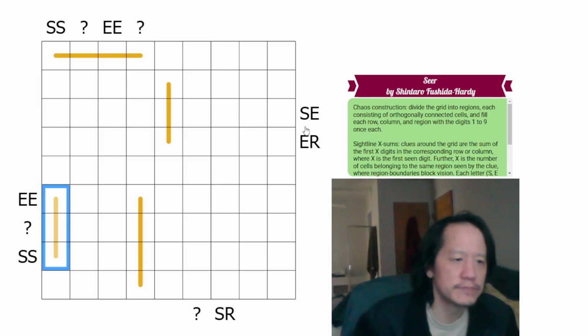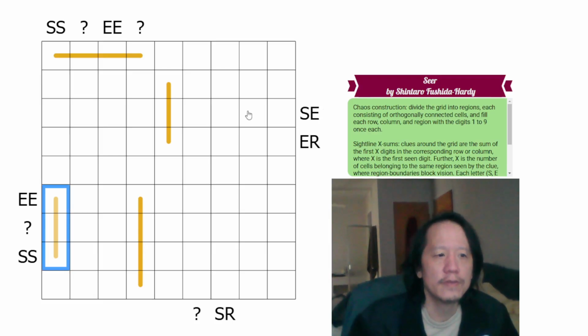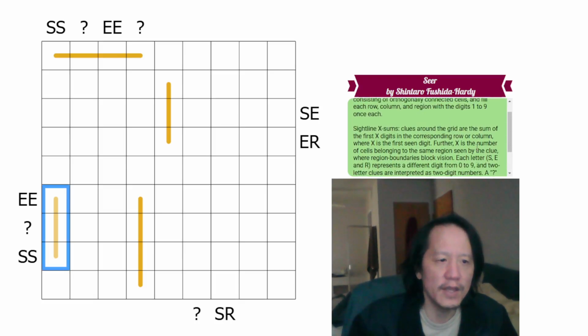Therefore, S and E both have to be 1 through 4. R could be 0 through 9. So this is either 11, 22, 33, or 44. Same here, same here.